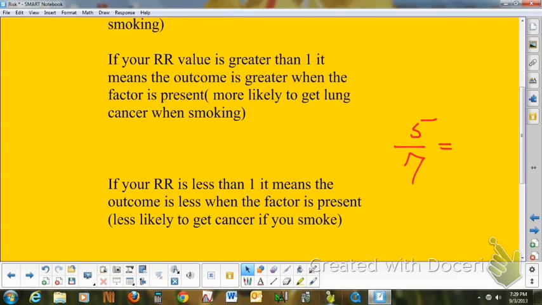When your relative risk is less than 1, it means the outcome is less when the factor is present. So in this case, if you work this out, you would be less likely to get cancer if you smoked. Or conversely, you could simply say that you have a greater risk of getting lung cancer if you're a non-smoker than if you're a smoker. So it doesn't really matter how you say it, but the actual number that comes out is going to determine how you would do the interpretation.